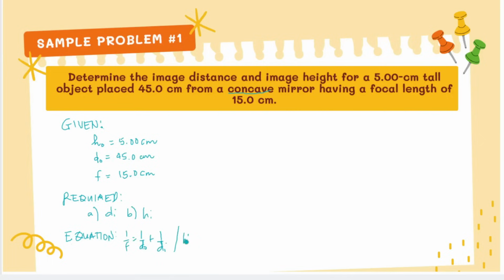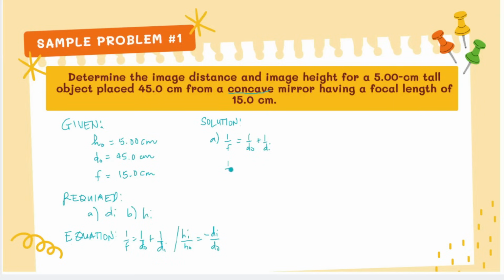And we also have the magnification equation. Okay, so for the first part, let's solve. Let's find DI. So we are given F and we are given DO, so we can easily solve DI.